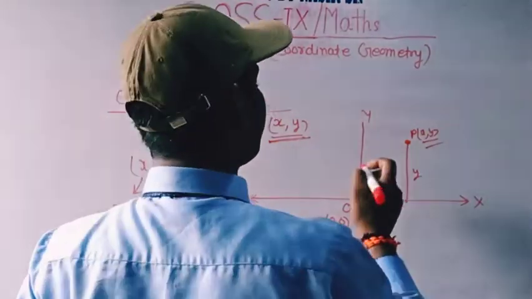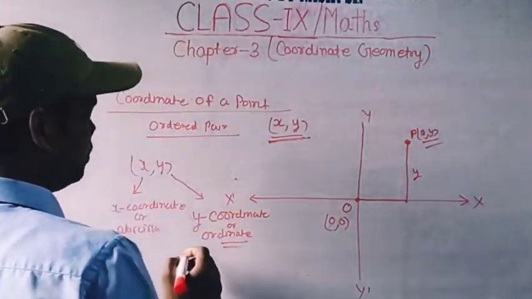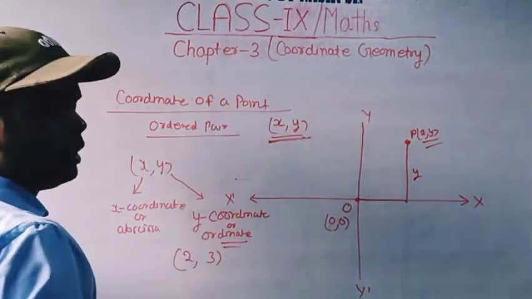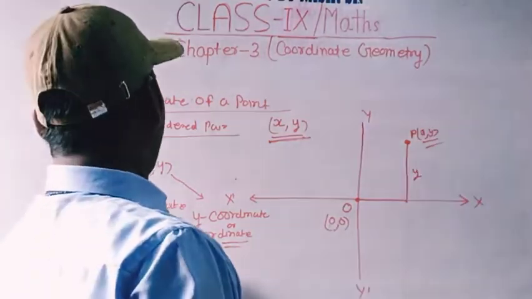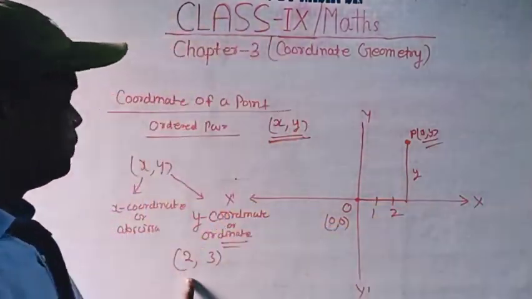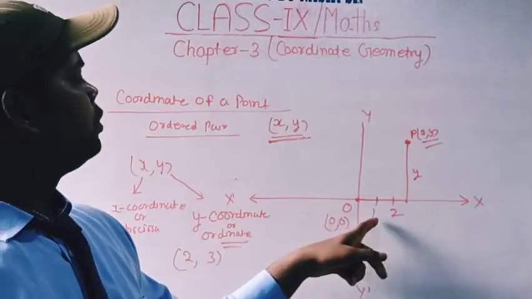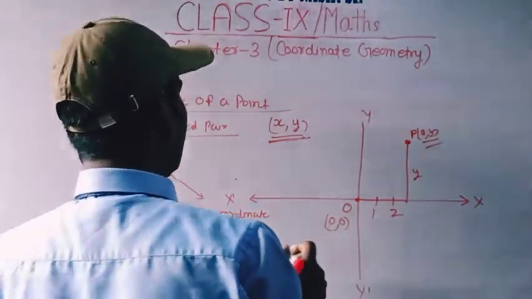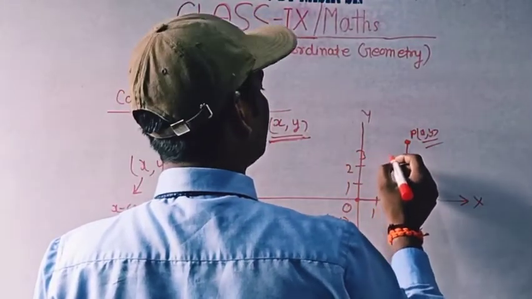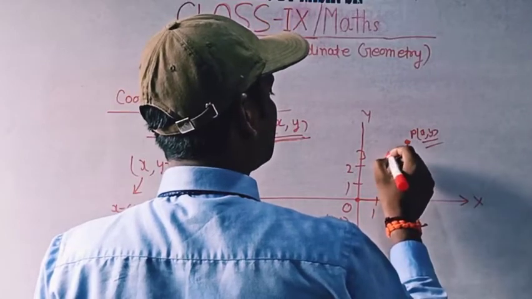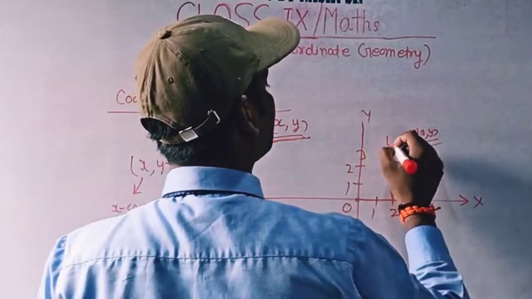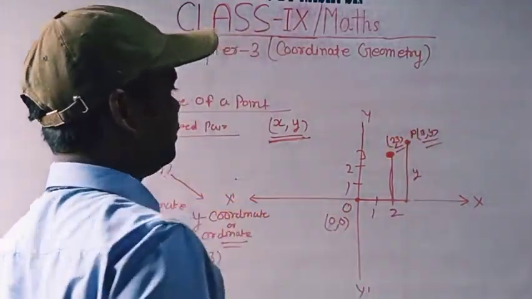Suppose we want to represent (2, -3). Starting from the origin, move 2 units in the positive direction of the x axis, and after that 3 units in the negative direction of the y axis. So this point shows the location of the point (2, -3).